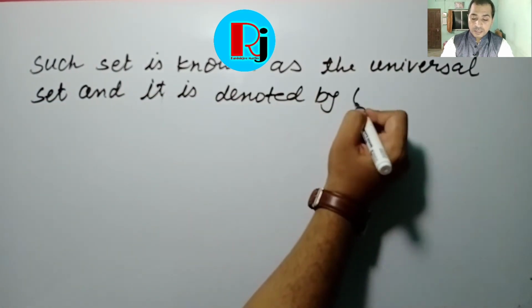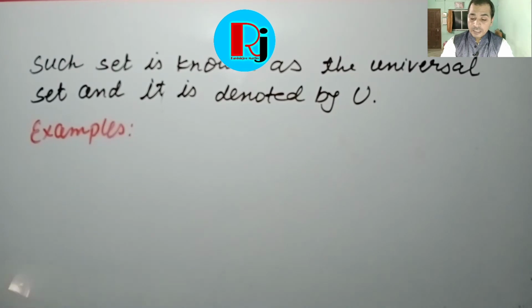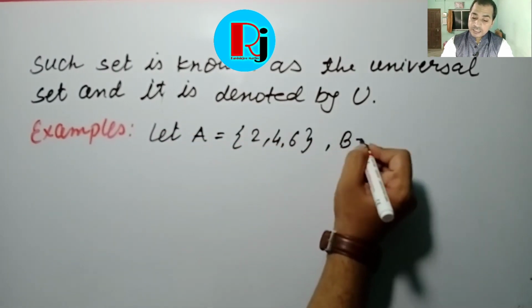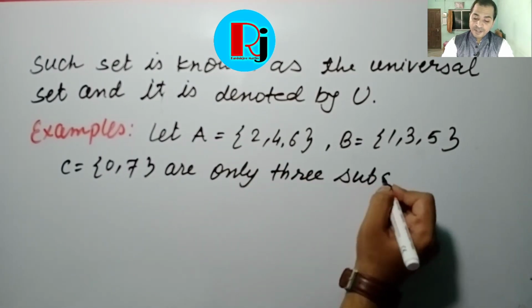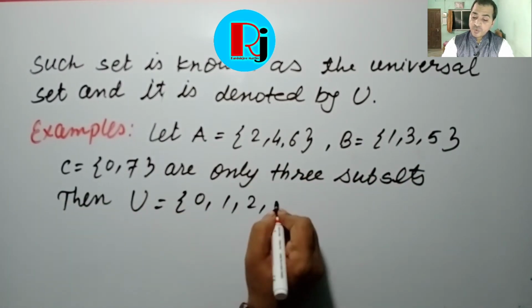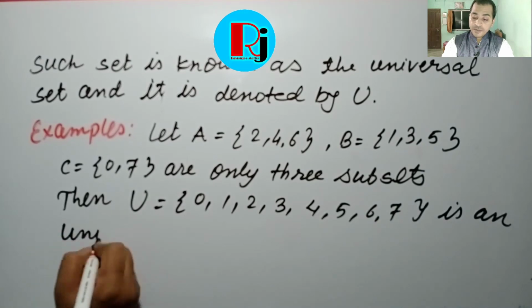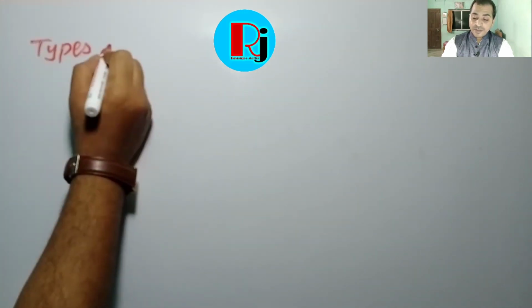It is denoted by capital U. Examples: let A = {2, 4, 6}, B = {1, 3, 5}, U = {0 to 7}.